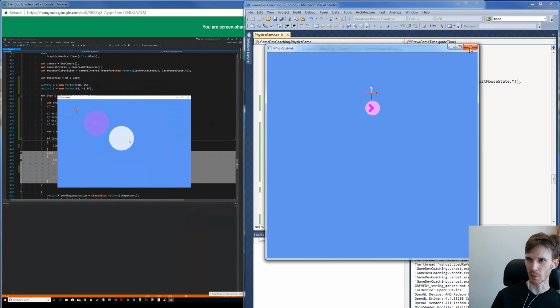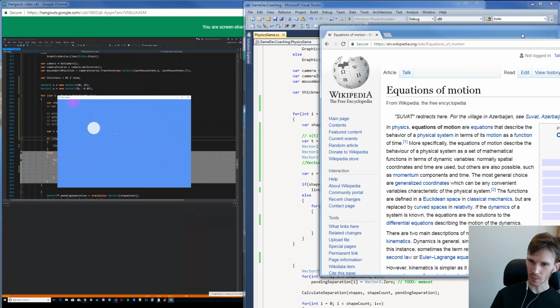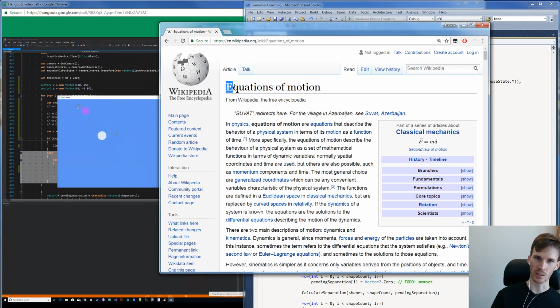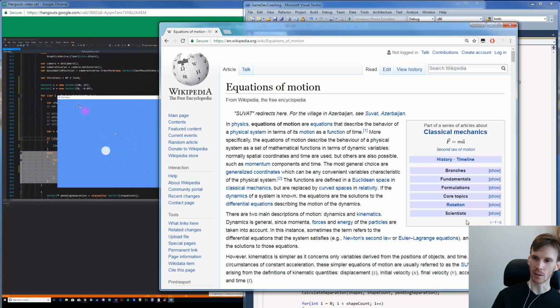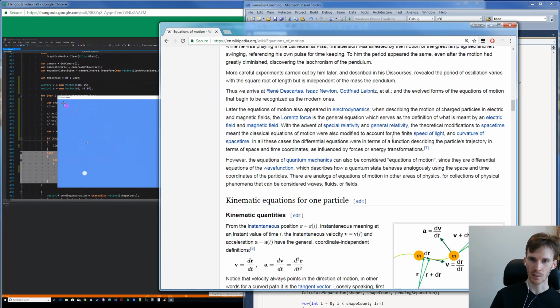So what I wanted to finish by is showing you a couple of web pages. Over here we have the Wikipedia page for equations of motion, and I actually don't like the way they teach this. Certainly they taught it to me in high school. They start with this, where I think it's much better to start with the calculus, because it comes from integrating and differentiating things, accumulating the acceleration and then accumulating the velocity using integration.